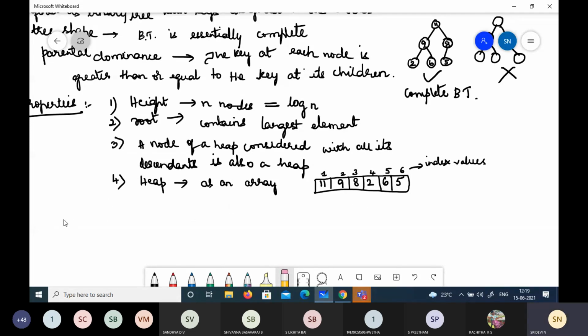So under this, the first property is that the parental node keys will be in the first n by 2 positions of the array.